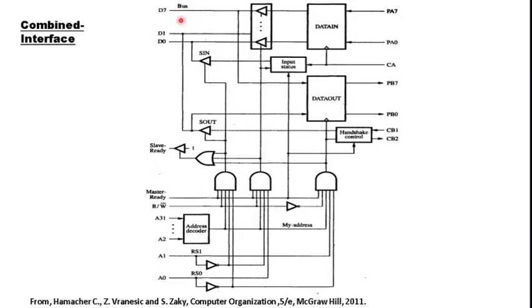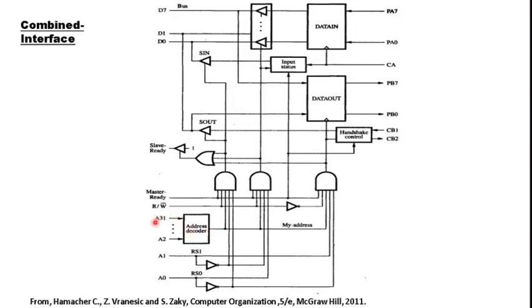The next important thing about this interface is that it has three addressable regions. One is data in, the next is data out, and the last one is the status register or the status bits. So these three regions can be separately accessed in any operation. Suppose that we need to access this entire interface. What should happen is this address decoder should flag a 1.